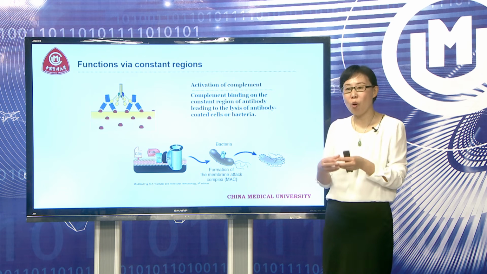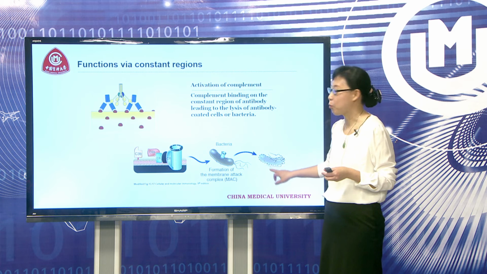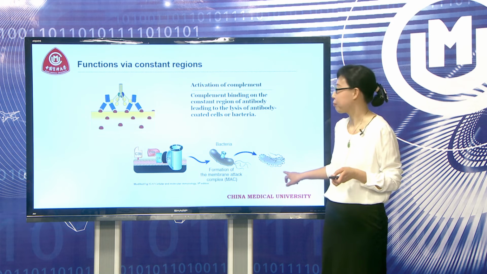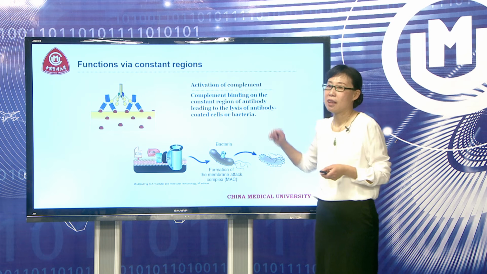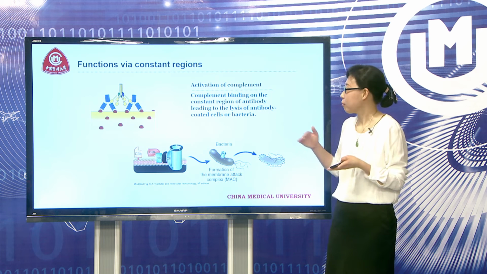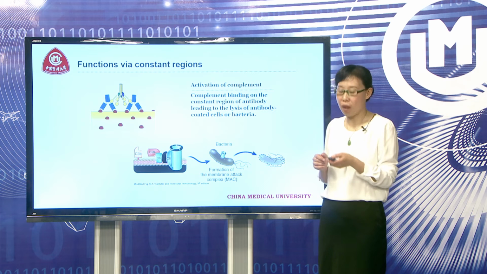They form a pore on the membrane of the pathogen, which finally leads to the lysis of the bacteria. This is called complement activation, and we will discuss this in detail in the section on complement.